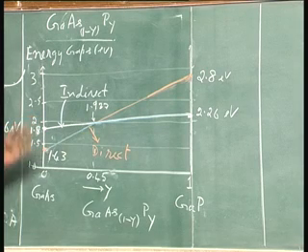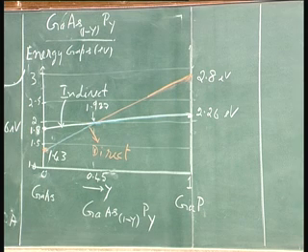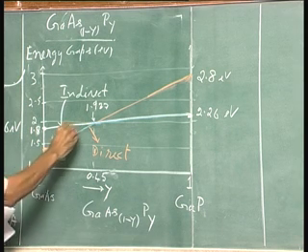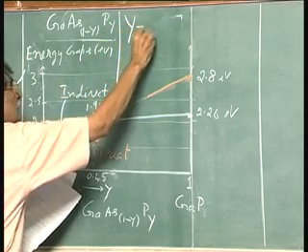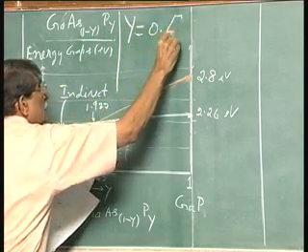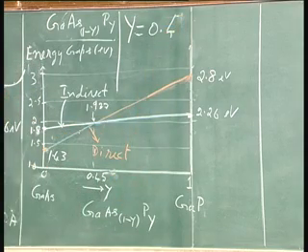So, what people have done is they have made use of Y equal to 0.4 somewhere here, gallium arsenic phosphide.